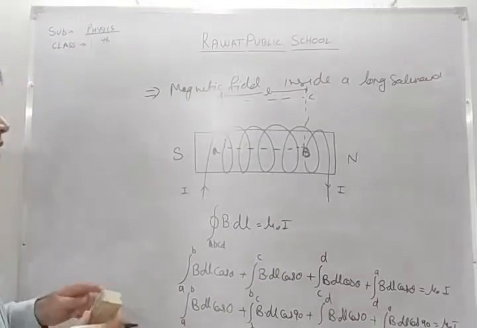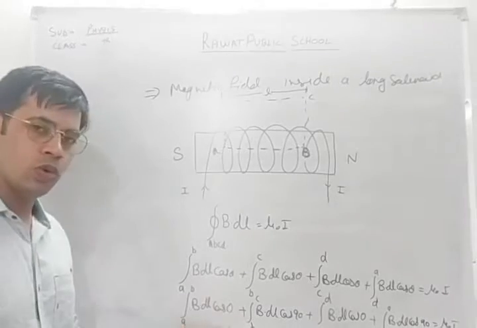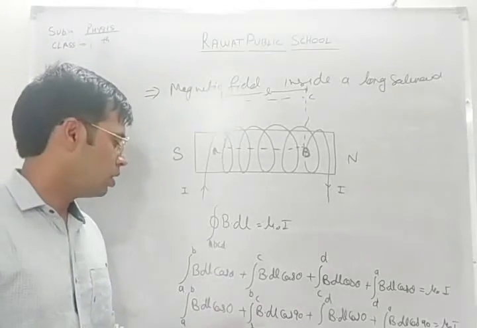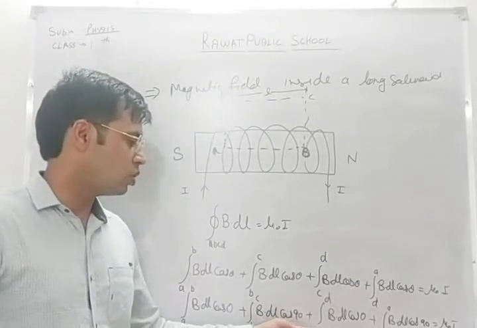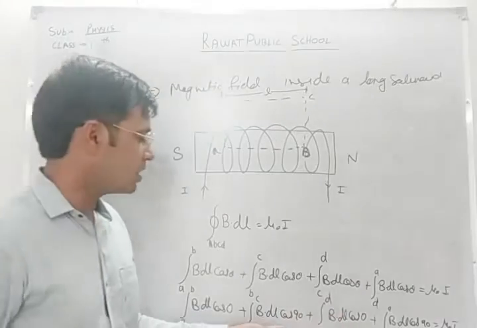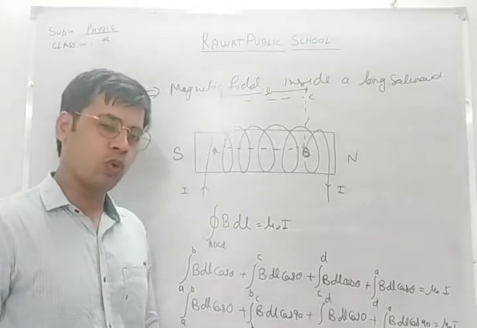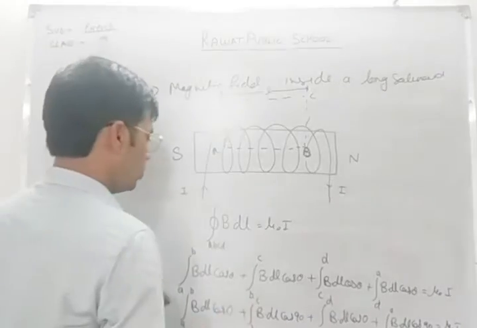Okay, now cos 0 is 1, and cos 90 is 0. All the terms in which cos 90 is present can be written as 0.